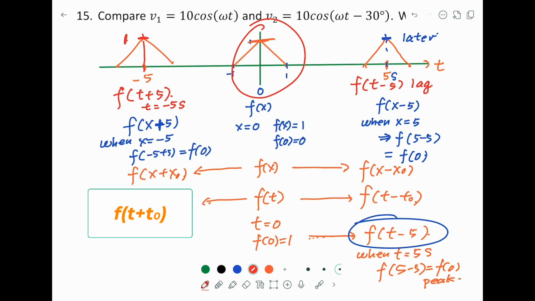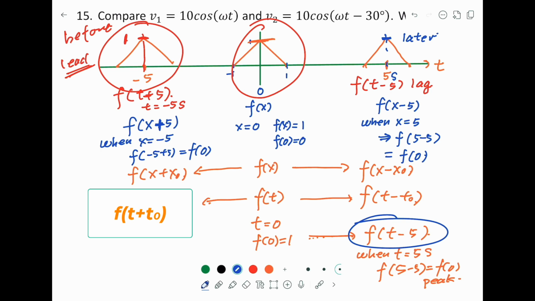But negative 5 seconds just means before we start the clock, and we assume this is already happening. You can choose when to start your clock. So when we write the function f(t plus 5), this function happens before the original function. So we can say this function leads the original function. So again, we can now interpret it slightly differently.